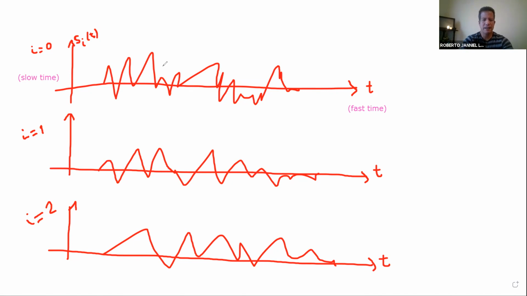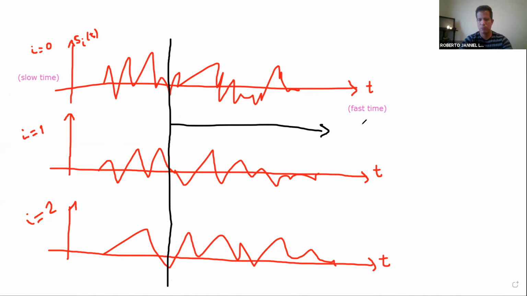Now, imagine that I were to do something like this. I have my signals graphed so that for each transmission, I have a waveform that is changing across the t direction. But I can also go to a fixed time, draw a line, and create a plot of how my signal changes as a function of i.